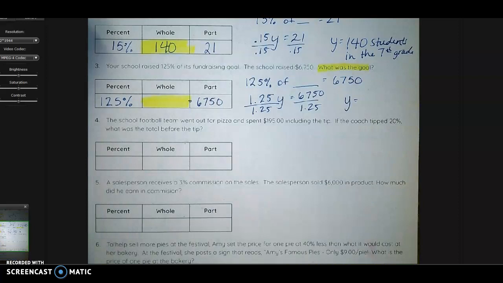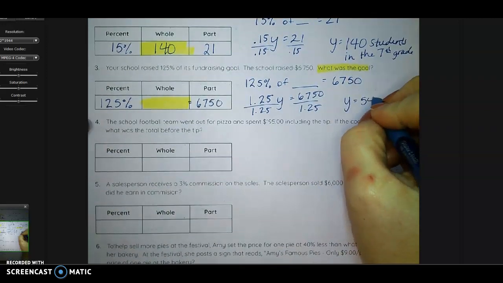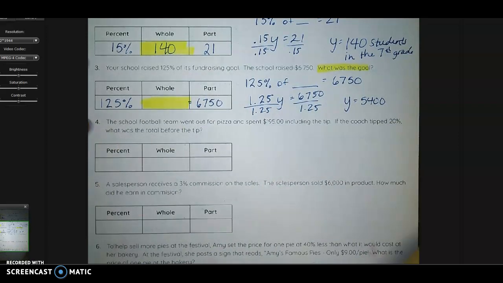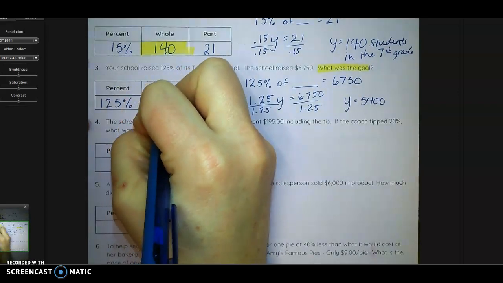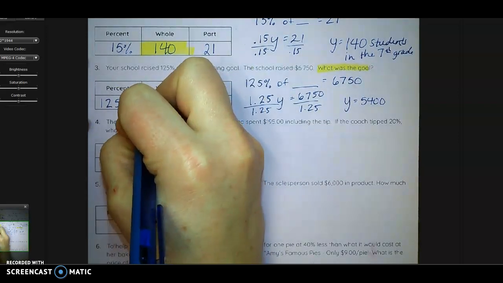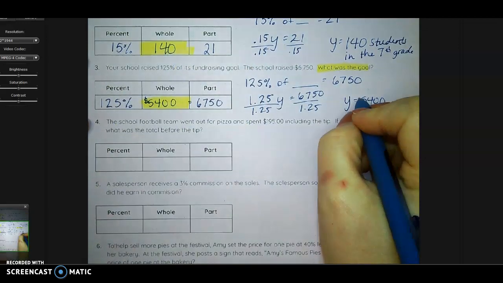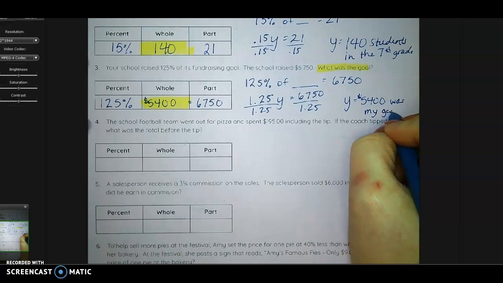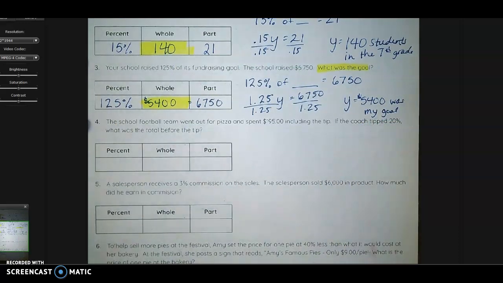When I do that, since I know I exceeded my goal, that means my answer should be less. So it's going to look weird, but that's because my percent is over 100%. So my original goal was $5,400. And I beat it. I did better than what I wanted to do.